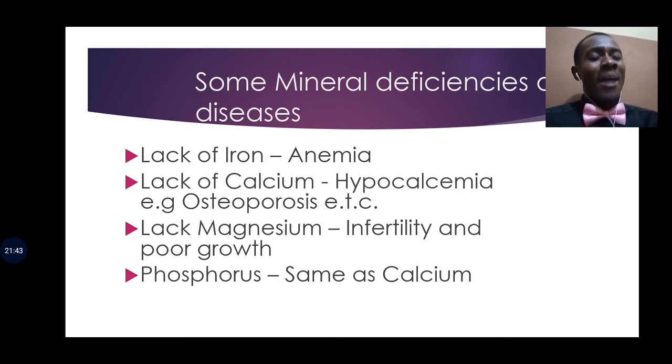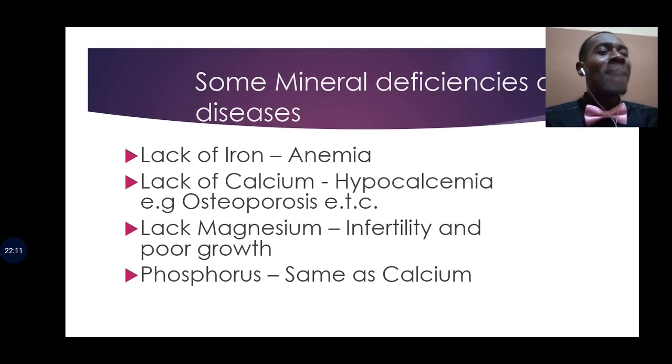A lot of abnormalities are going to occur there. Poor dentition is going to be there, and so many other things will occur in the skeletal system that will not augur well with the human body. It can also cause what is known as osteoporosis, which is the bone becoming brittle. It can easily break, just like a breakable plate. That's how the bone is going to turn into osteoporosis due to lack of calcium.